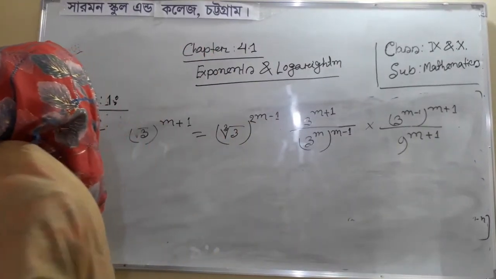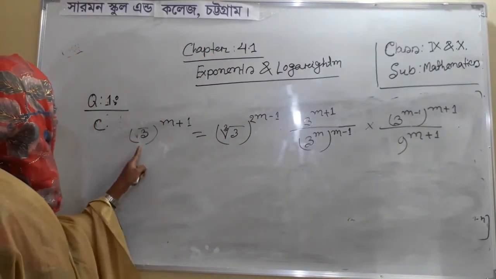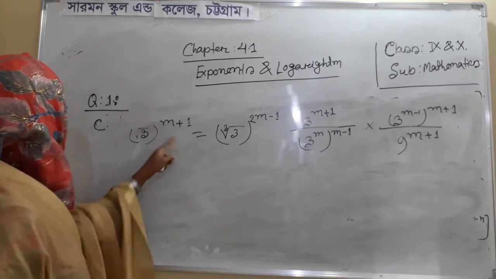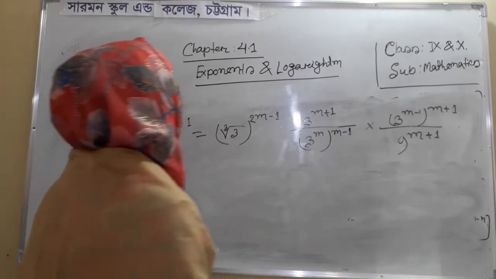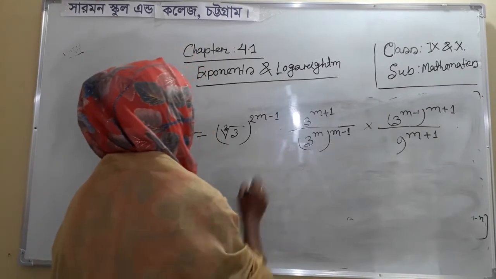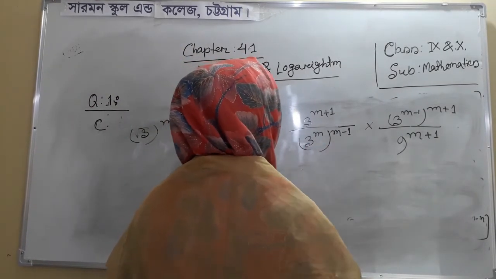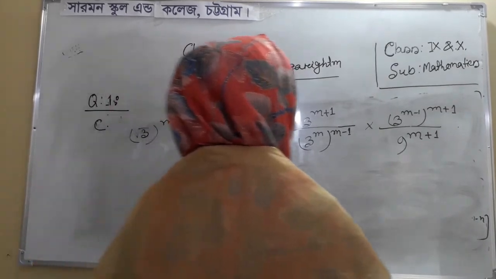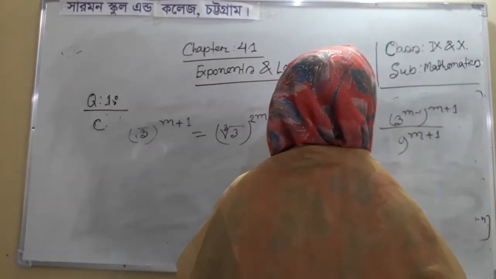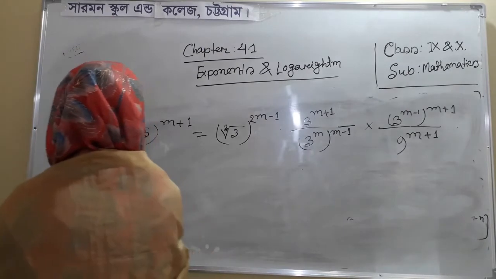Now we have to solve the problem: square root of 3 whole to the power m plus 1 equals cube root of 3 whole to the power 2m minus 1 into 3 to the power m plus 1 divided by 3 to the power m whole to the power m minus 1 into 3 to the power m minus 1 whole to the power m plus 1 divided by 9 to the power m plus 1.